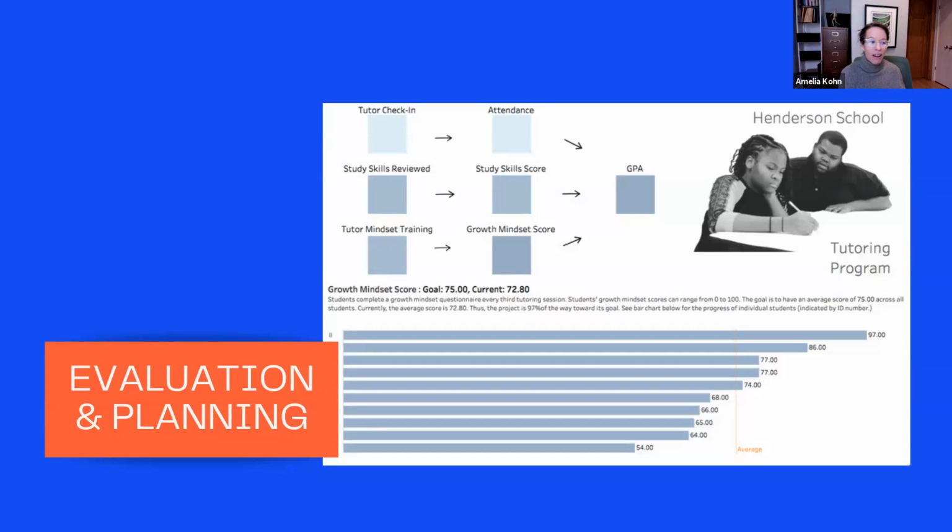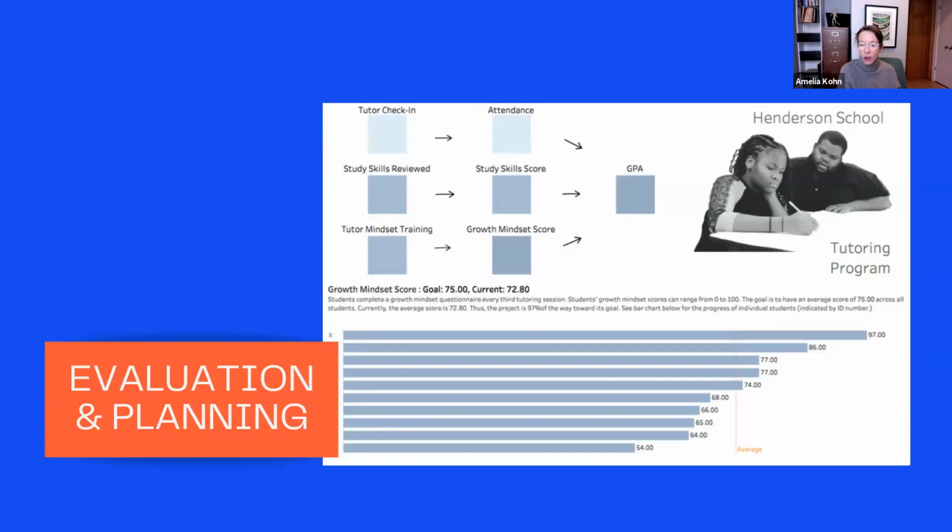But this is what I call a living logic model, because it's an interactive logic model. I'm showing you just a snapshot of it, but the real one is interactive because it's plugged into real-time data. It shows progress to date using color. So that flow chart at the top, the darker colors show where there's been more progress in this tutoring program.